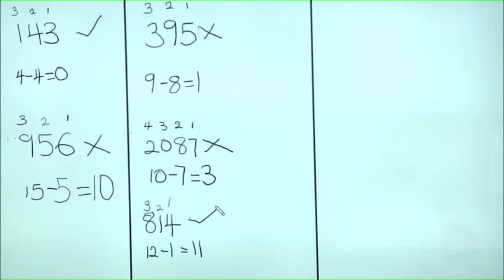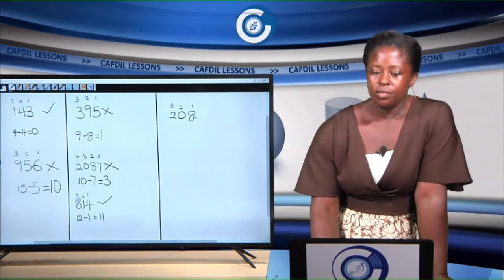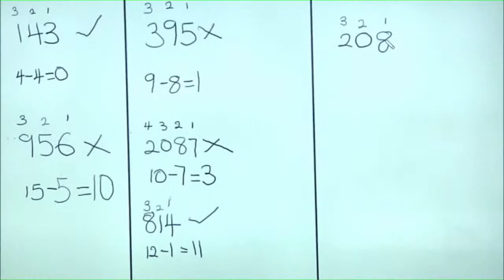Let's look at another example. 208. Is it divisible by 11? Is 208 divisible by 11? Let's order the digits and see. We have first, second, and then third. So the numbers at the odd places, we have 8 and then 2. 8 plus 2 is 10.